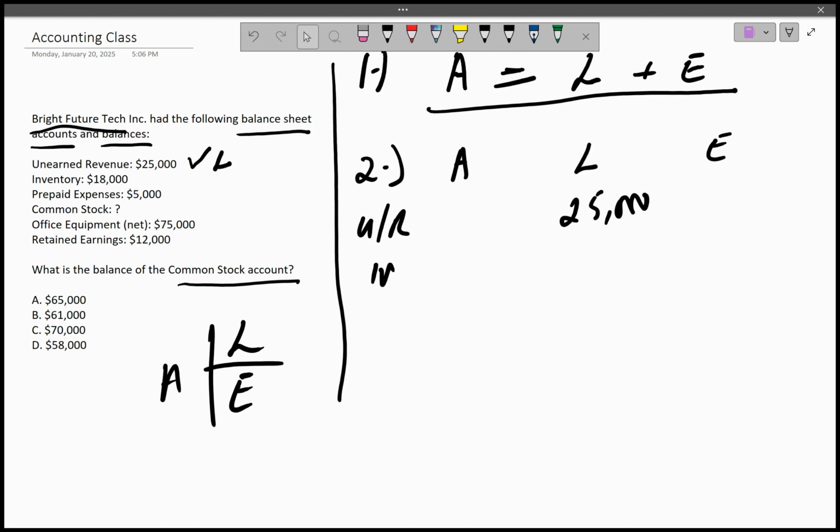Inventory. Inventory is what the company has in stock to sell to make money or to use in manufacturing, to be able to sell to make money. So for that, it is an asset. It's 18,000.